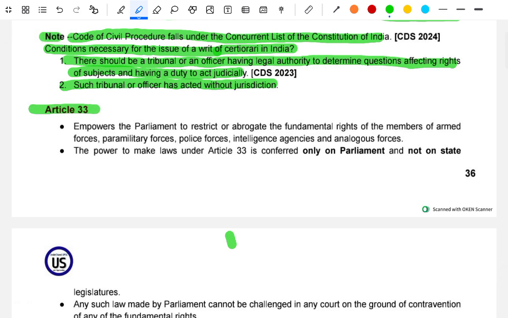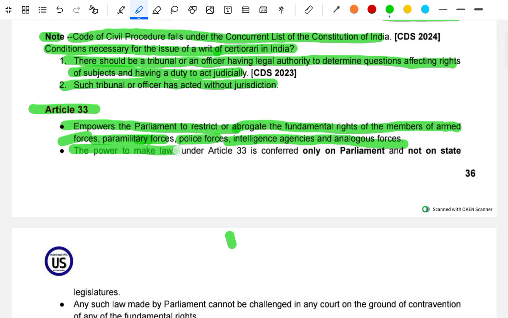Article 33 empowers Parliament to restrict or abrogate fundamental rights of members of the armed forces, paramilitary forces, police forces, intelligence agencies and analogous forces.